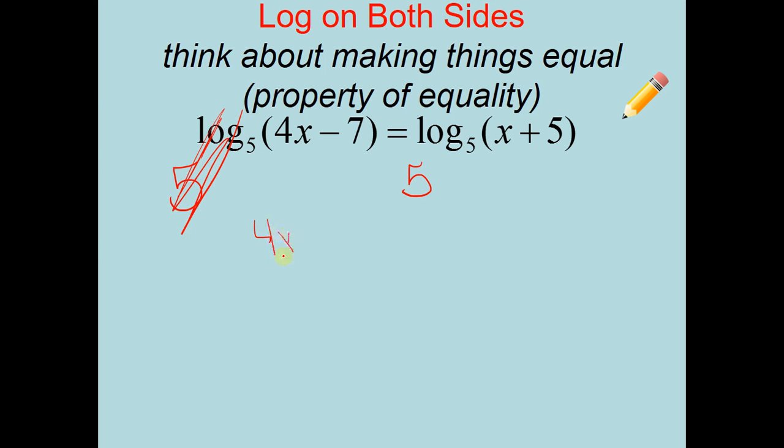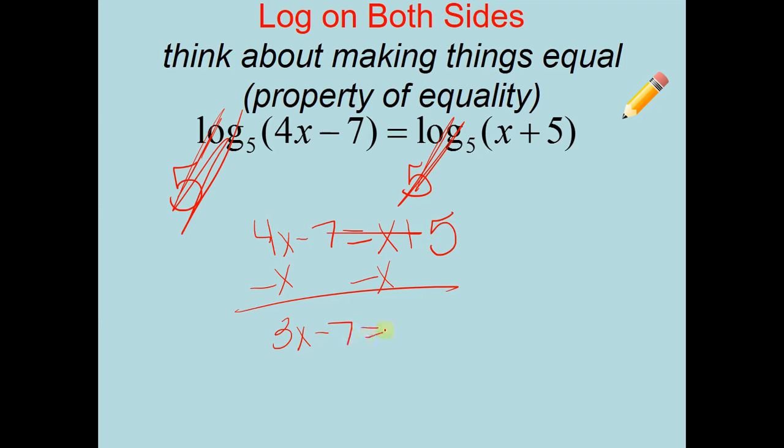So I'm left with 4x minus 7 and x plus 5, because they have the same base on the log. So all I need to worry about is making the insides equal to one another. I'm going to subtract x. I'm going to add 7. Divide by 3. And I get x equals 4.